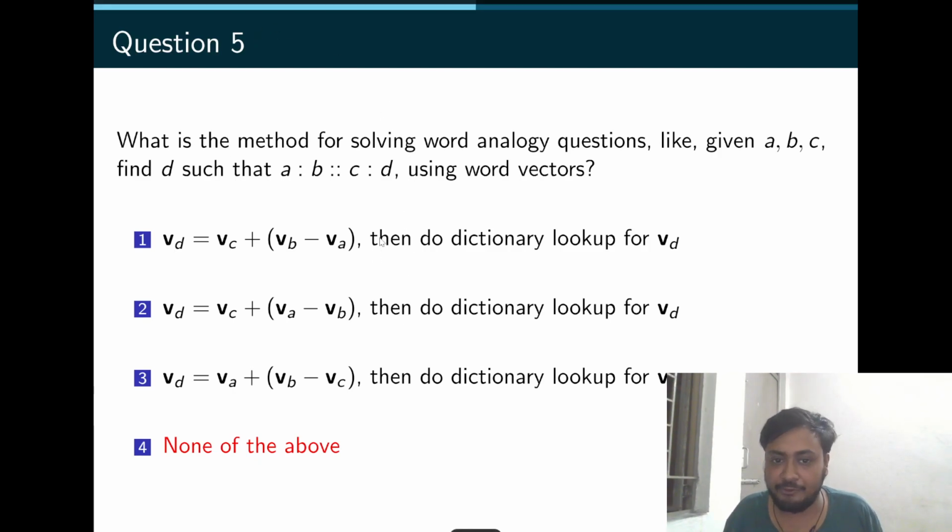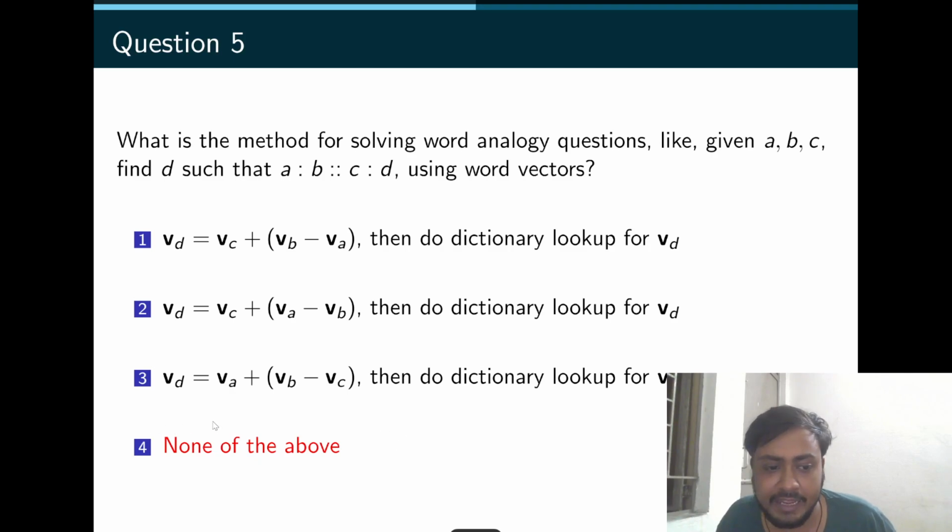If the option had been VD equal to VC plus VB minus VA, then calculate cosine similarity between VD and all vectors, then this would have been the correct answer. But because they have mentioned just doing dictionary lookup, that will not suffice for this case. So that is why the answer is none of the above.